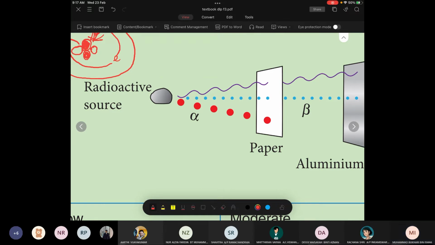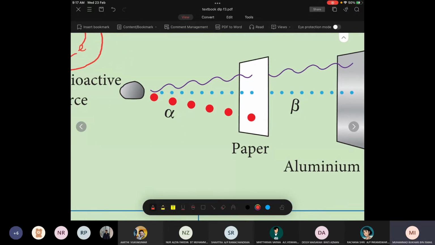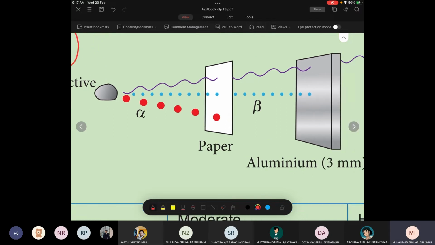gamma ray. From here, we can see that alpha particle will be stopped by a piece of paper, but the electron can still pass through the paper, and the gamma ray also can pass through paper.